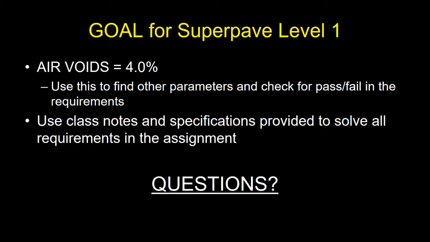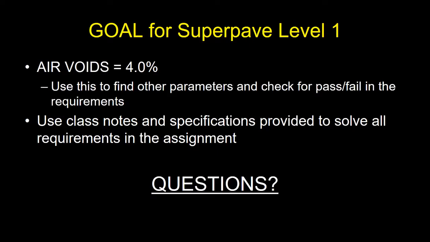because what's going to happen is when you construct it, you're going to compact to 92% density, 92% compaction effort or something like that, and the rest of the compaction to get from 92 to 96 is going to be the traffic just driving over it.